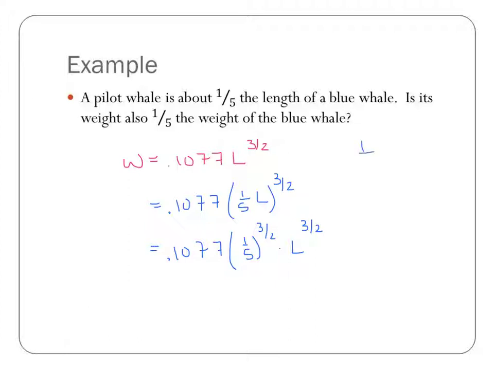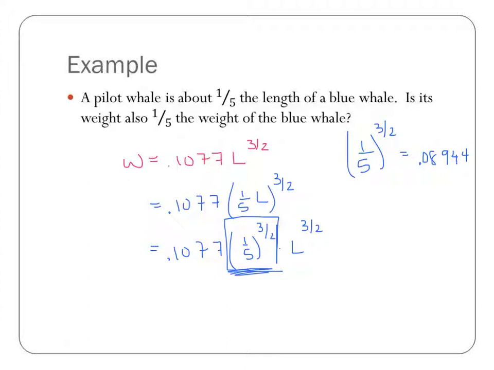And so if we look at 1/5 to the 3/2, I'm just going to do it in my calculator to get a rough estimate. This is 0.0894. And so this right here multiplied the right-hand side by 0.089.